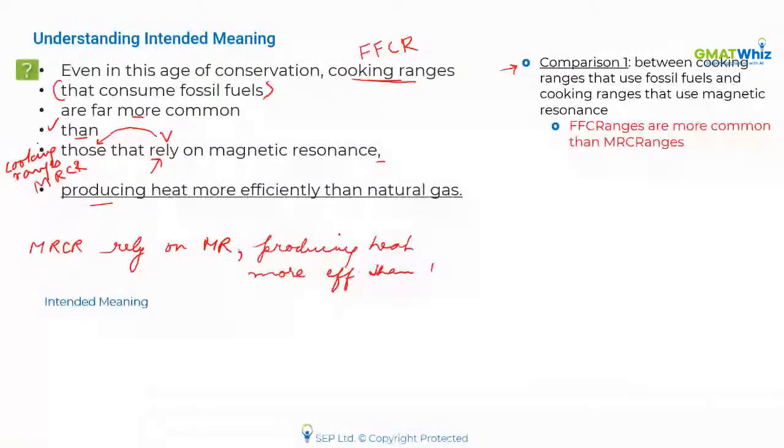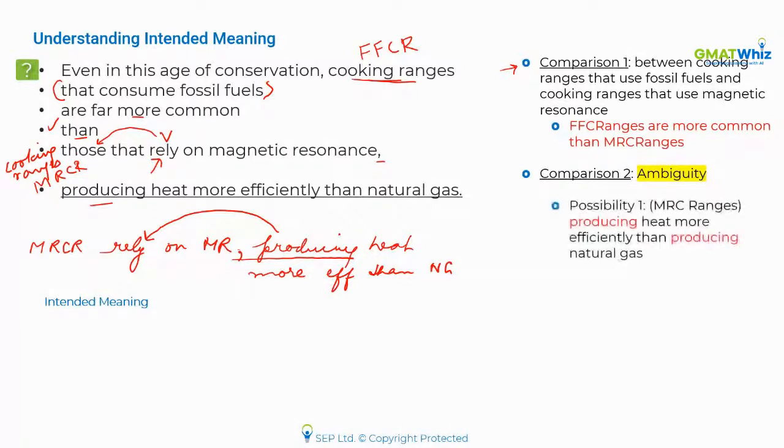Now, there is a problem with this portion. Okay, this producing comma plus ing is supposed to tell us the outcome of this verb, or the effect of this verb. But then there is a problem here because this comparison here, producing heat more efficiently than natural gas, seems to imply two possibilities.